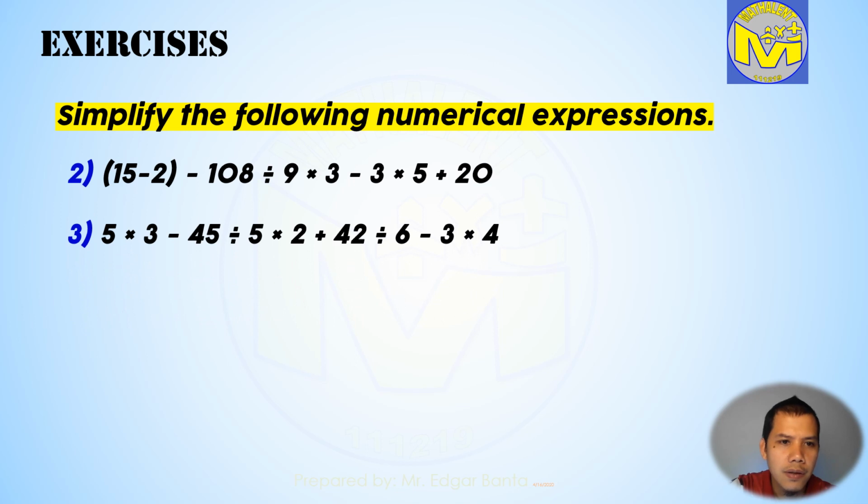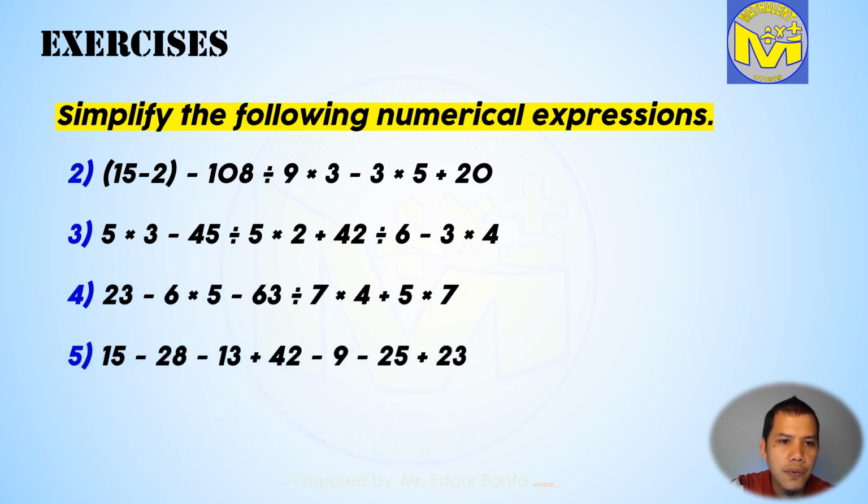We have 2, 3, 4, and 5. So this is your exercise, so you'll do it by yourself. So I'll tell you here, number 2, do inside the bracket first, and then divide and multiply, and then multiply here.